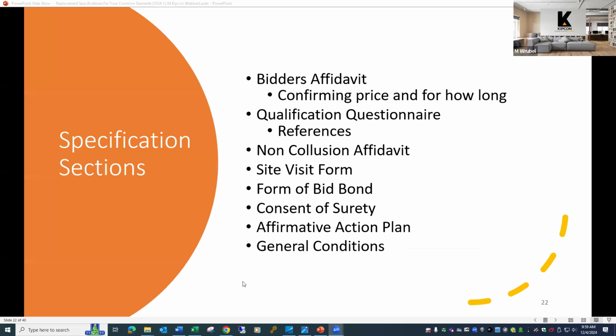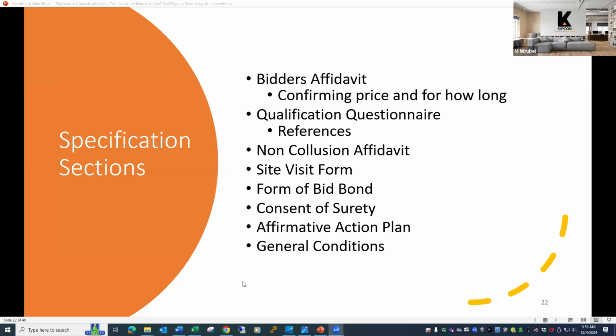There are some other items that can be included in specifications. Some of these are for larger projects that an HOA is more often than not involved with. One of them being bonds for a bid. Bond is an amount of money that the contractor places in escrow up front.